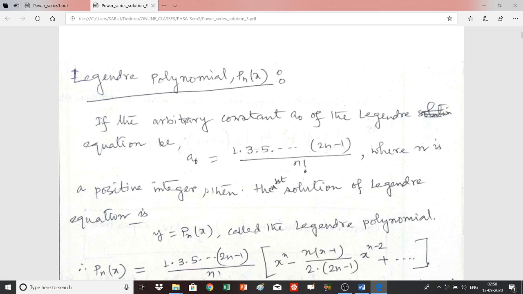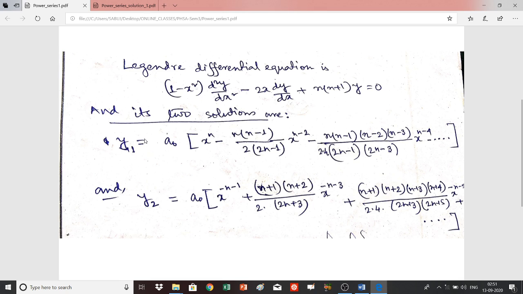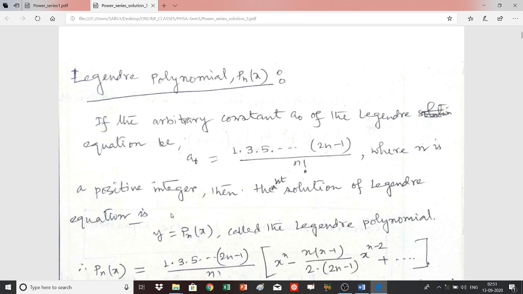as we discussed earlier, then the first solution, that is y1, will be of the form y equals Pn(x), and this solution is called the Legendre polynomial.